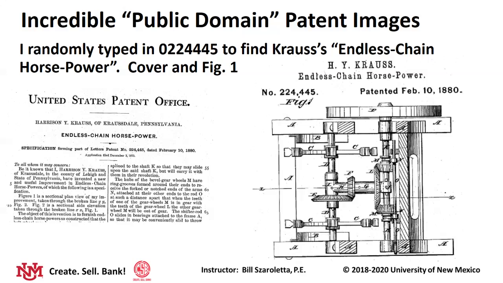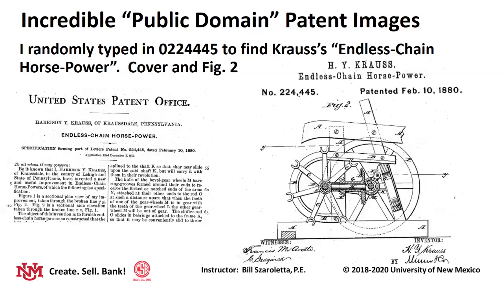To be a patent draftsperson requires a lot of training, because you have to get the cross hatching just right. You've got to have the appropriate detail. You've got to be able to list the sections and various things like that. But nevertheless, this was in 1880, and it looks kind of cool.